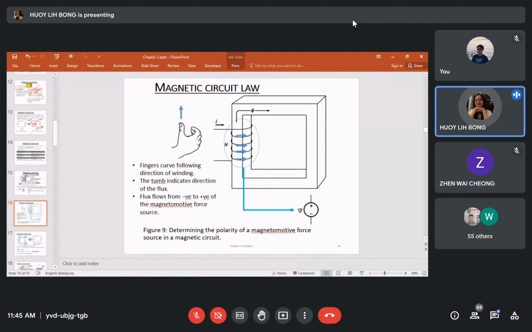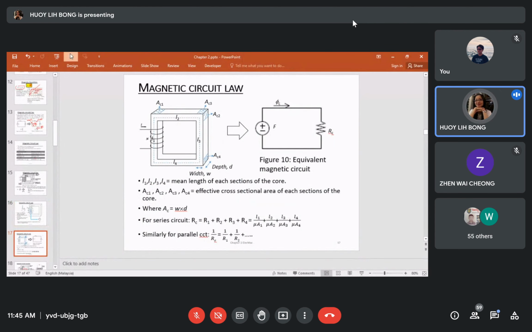Let's say you're drawing the equivalent circuit like this. If you look at this, it's hard to visualize. If we want to solve using this 3-dimension diagram, it is a bit hard, so simplify it with a circuit.